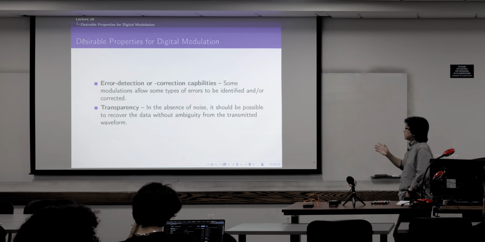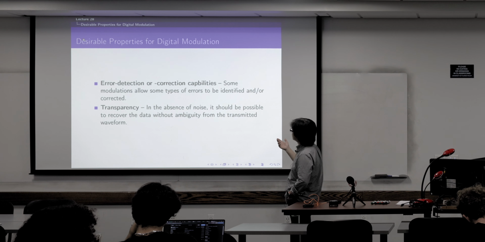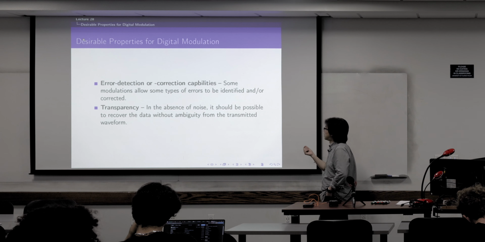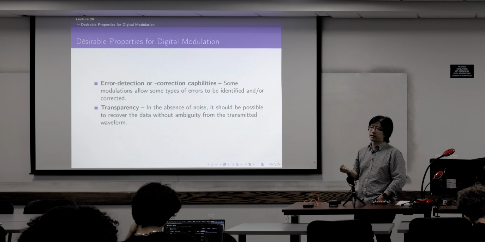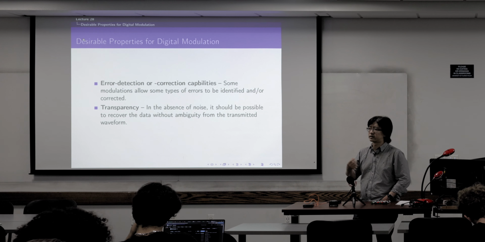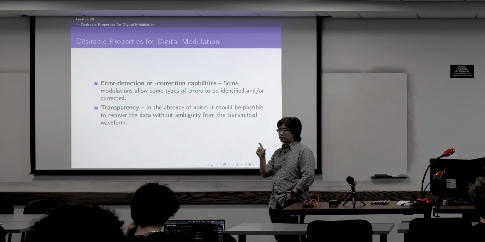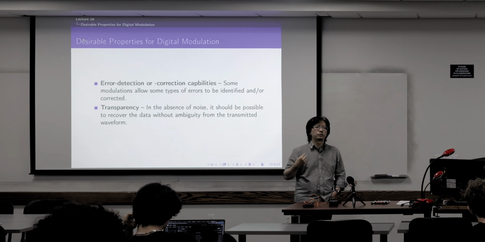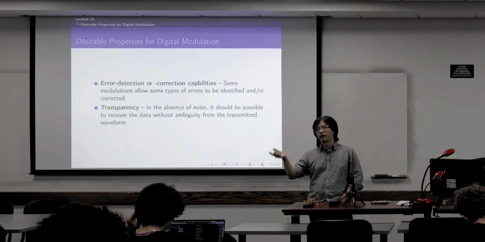Okay, and the other thing is the error detection and correction capability. We mentioned that before. One big advantage of digital communication is that it is capable of detecting and correcting errors. For example, if the information is a 1, and we transmit 1 like 3 times, then there's a lower chance that we have an error, because we transmit 3 times, and then you can recover the signal perfectly.